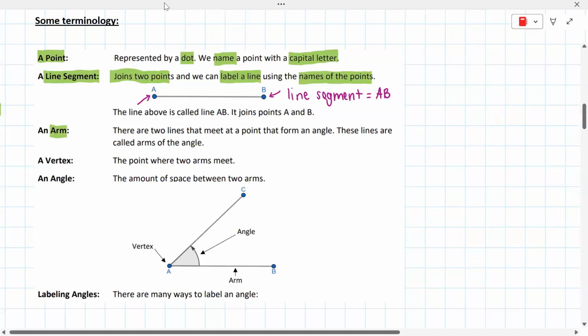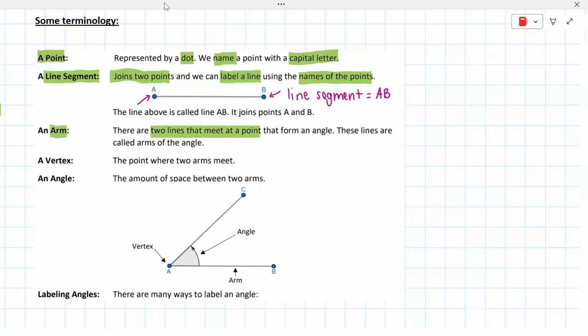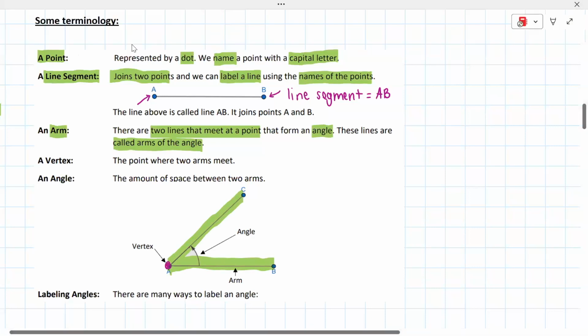These two lines that meet at a singular point form an angle, and they are called the arms of the angle. If you look at this diagram here, we've got arm AC and arm AB, and because they meet at this common point A, they create an angle in between them. So arms, when meeting at a point, create an angle between them.